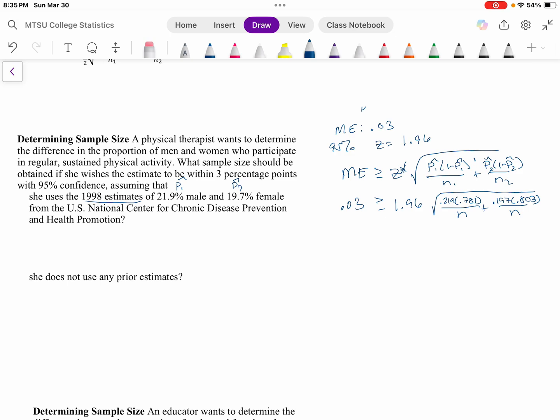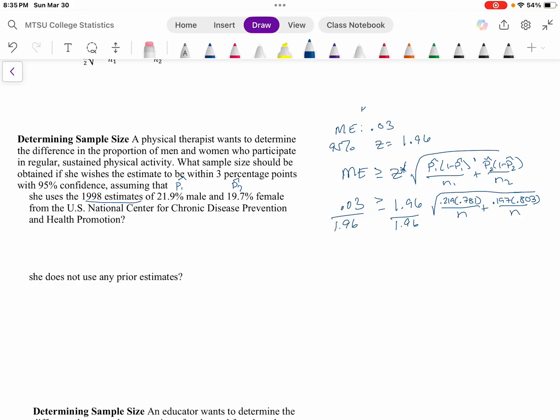Now, I took away the N1 and N2 because in order for us to figure this out, we're going to have to combine these two fractions. They're going to have the same denominator, and that's going to be our total sample size. Because they don't give us enough to split it up between the two. So it's going to have to be the same total sample, and then we can divide it in half for men and women. So as I do the math, we're going to divide over the 1.96.